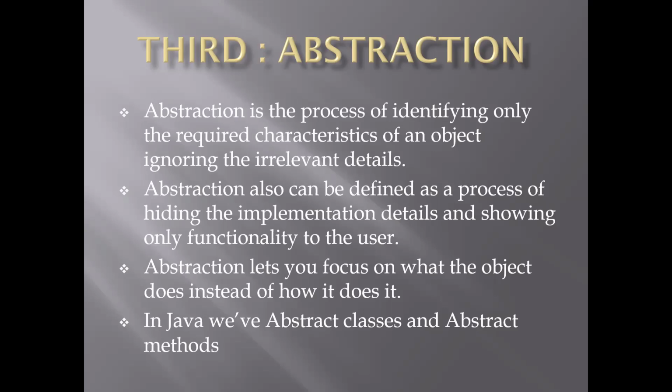In other words, you only focus on what is important to you, the behavior, and you ignore the details of how this behavior works. This is the concept of abstraction, and as you can see, it's easy.